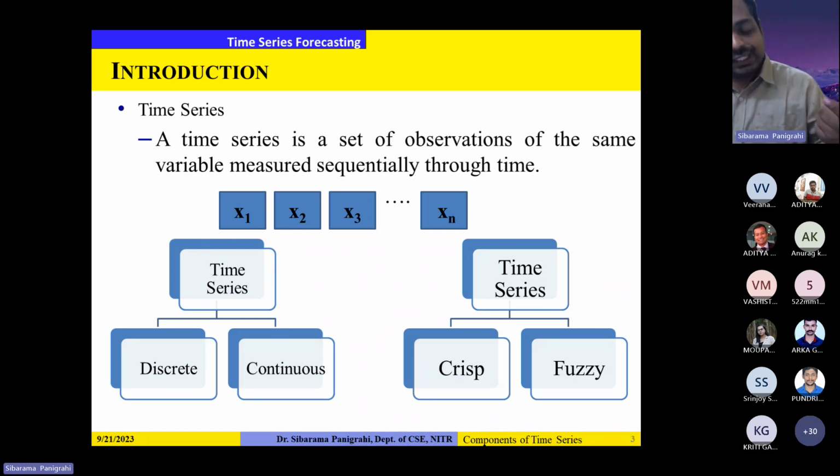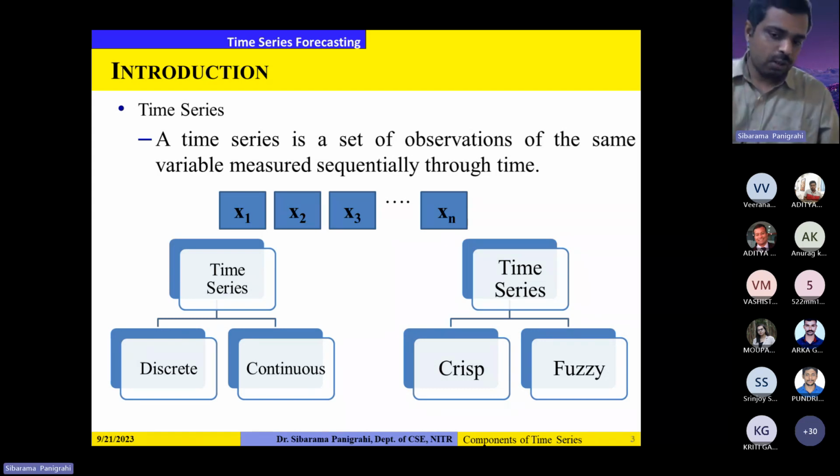Whereas if instead of measuring the actual temperature, I only measure, let's say, very low temperature, medium temperature, high temperature, very high temperature, using linguistic terms to denote a particular variable, then that is called a fuzzy time series. However, as most observations are measured in the crisp domain, we can convert a crisp time series into a fuzzy time series by using a fuzzification method. Then we can operate in the fuzzy domain. Then again, we come back to the crisp domain by using a defuzzification method.